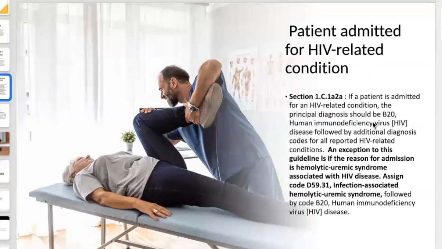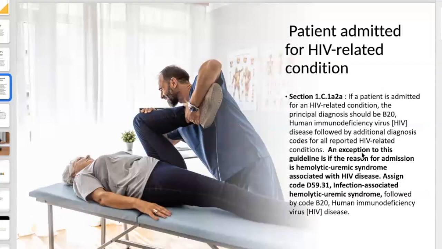So we're talking about now what you should assign first. And the guideline says you should assign the B20 code as your principal or first listed diagnosis. This is your HIV, followed by additional diagnosis codes for all reported HIV-related conditions.